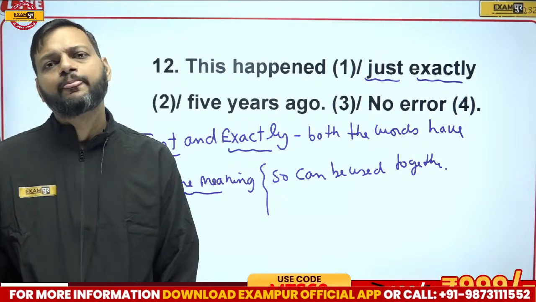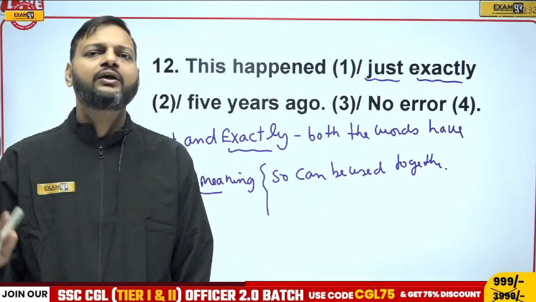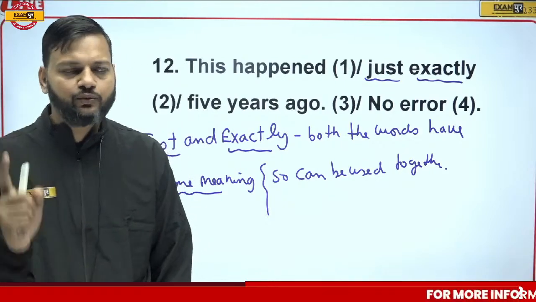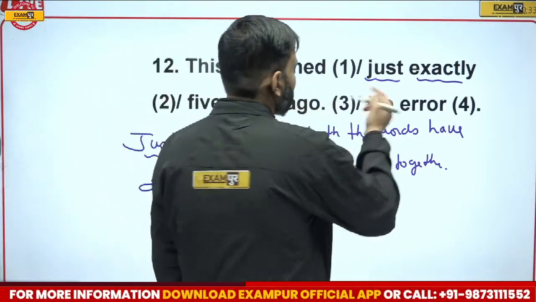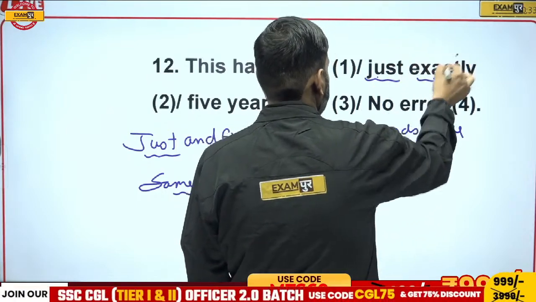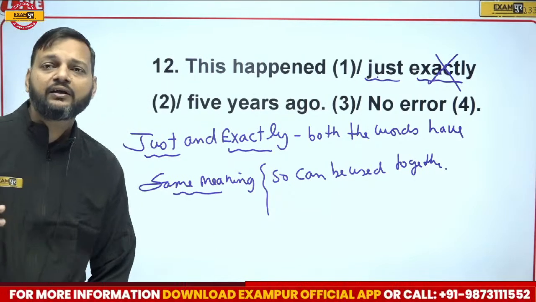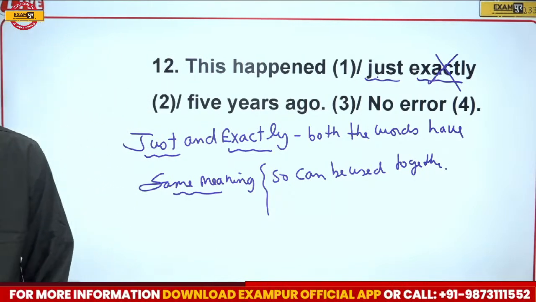Either use just or exactly, any of the two, right? So remove exactly. This happened just 5 years ago, or it happened exactly 5 years ago.